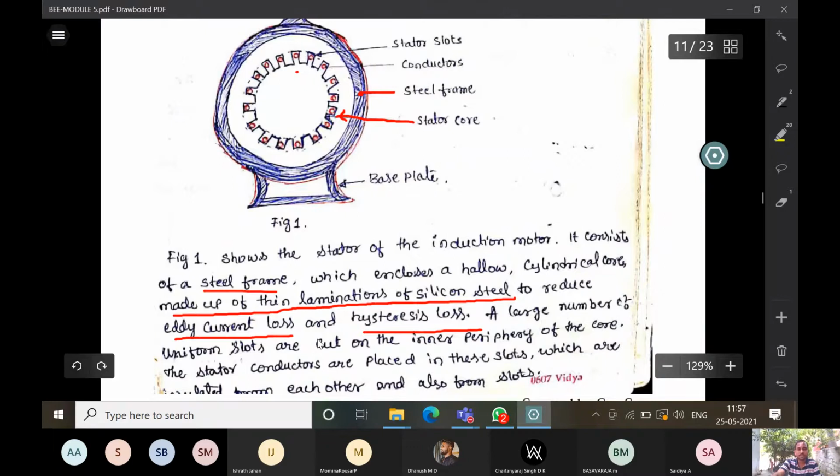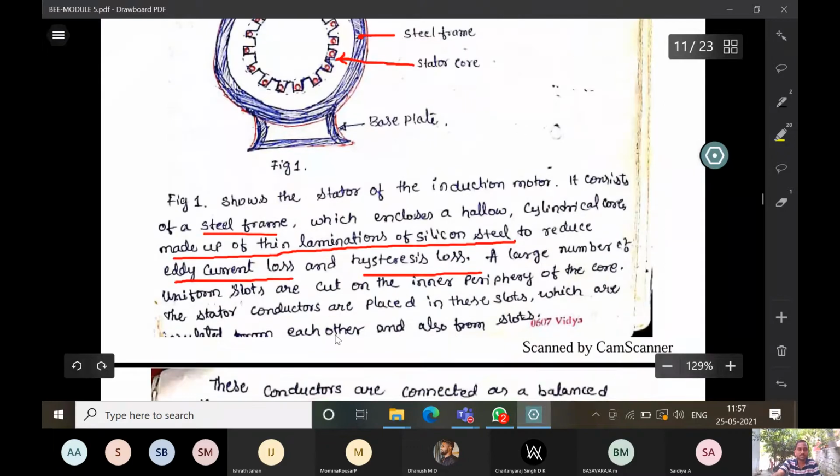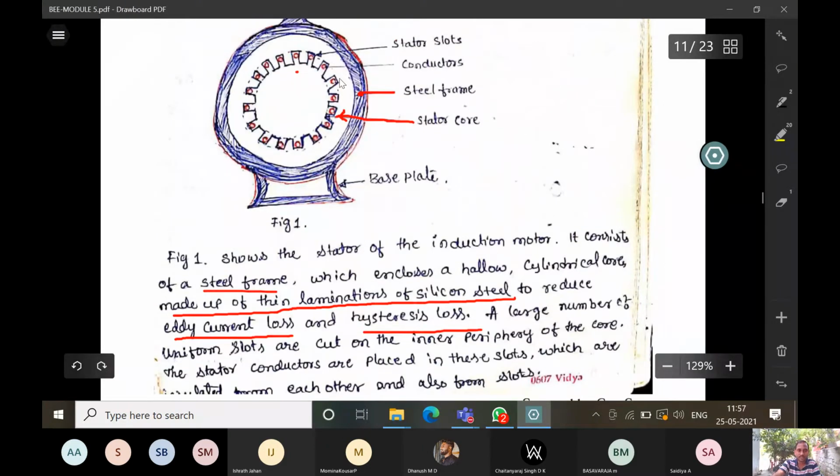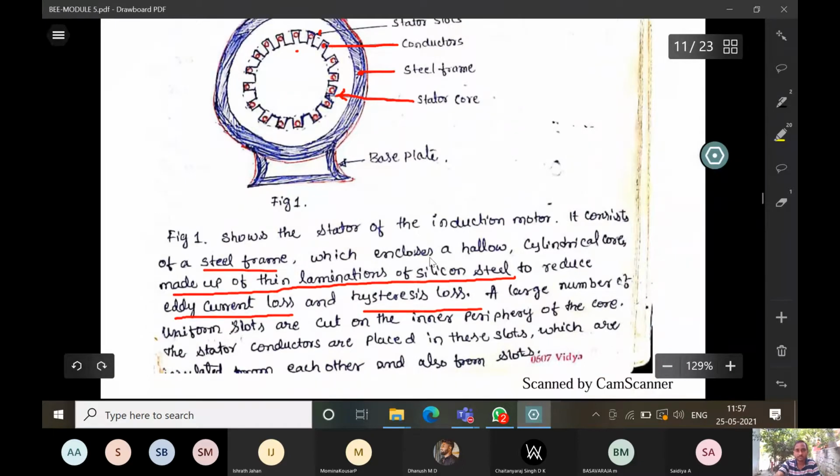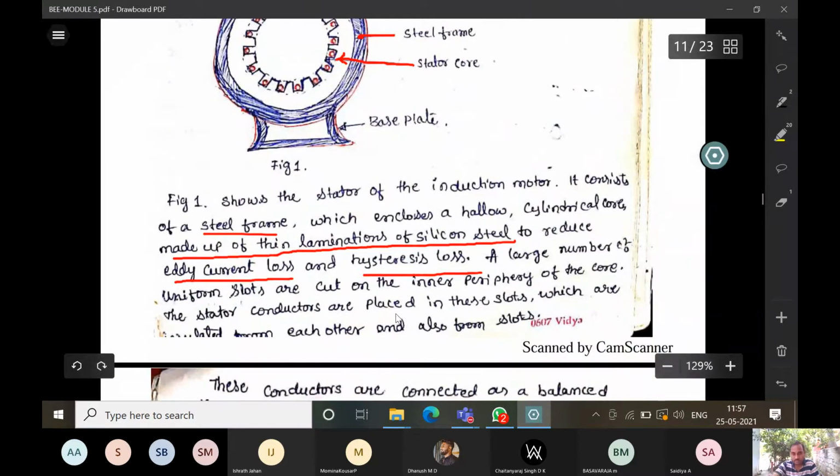The stator conductors are placed in these slots. So these are the stator conductors placed in the stator slots.